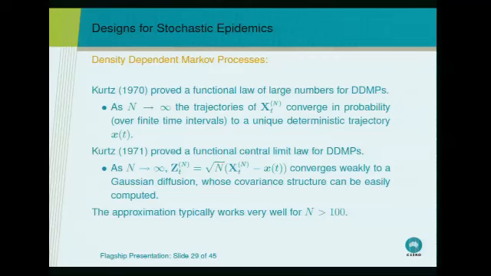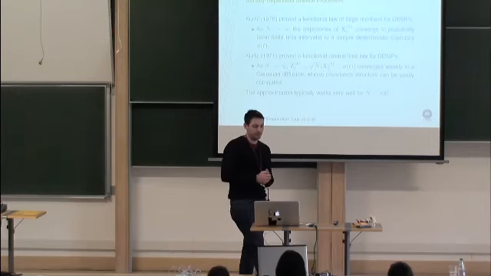And he also proved a functional central limit law that says that as the scaling parameter gets large, the scaled fluctuations of the density process about that deterministic trajectory converge weakly to a Gaussian diffusion whose covariance structure can be calculated.